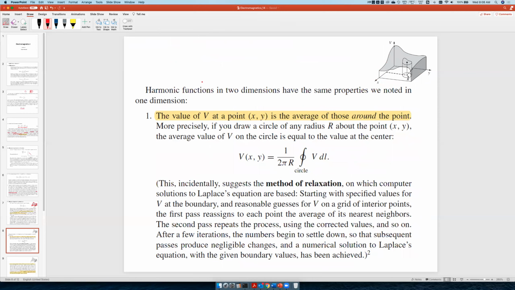Now let's see some features. Harmonic functions in two-dimensional cases have the same properties we noted in one-dimensional cases. So first, the value of v at the point, let's say here, (x, y), v(x, y) is the average of those around this point. More precisely, if you draw a circle of any radius r about point (x, y), the average value of v on the circle is equal to the value at the center.